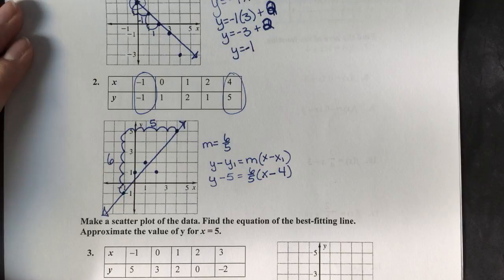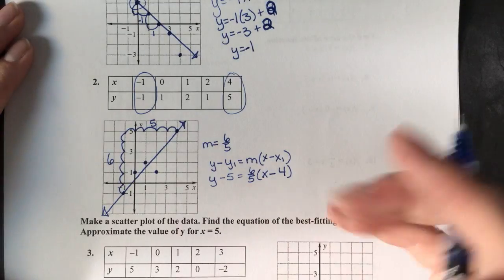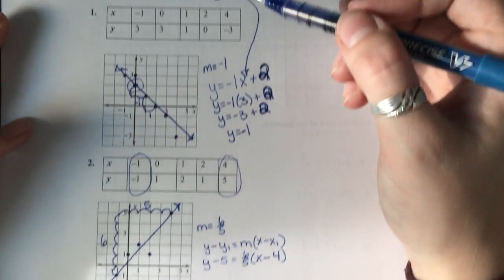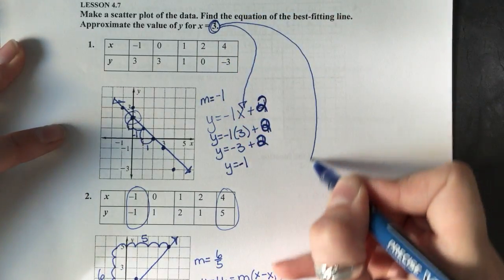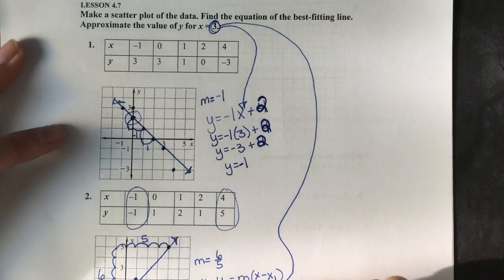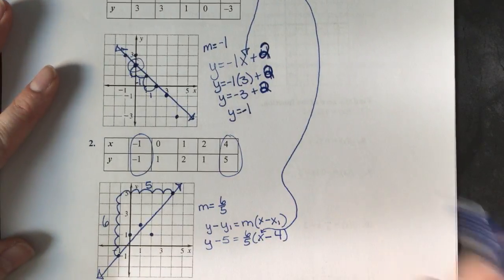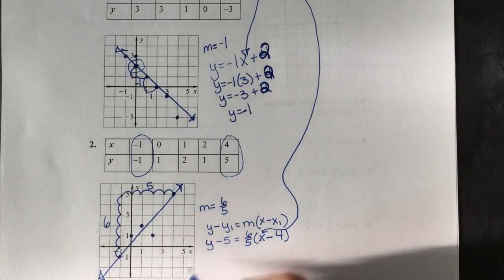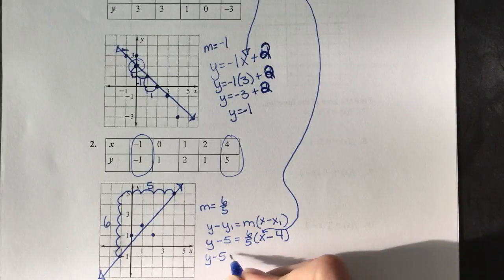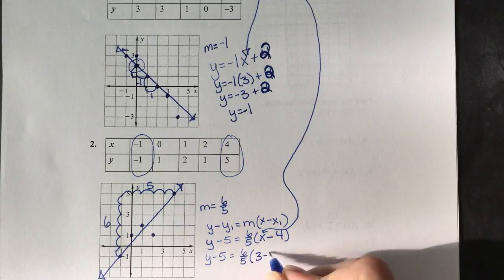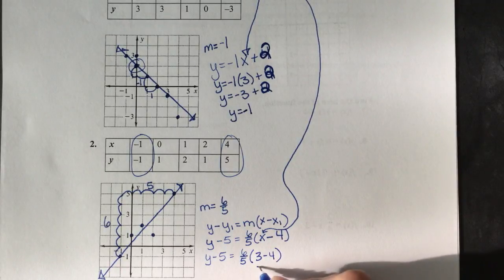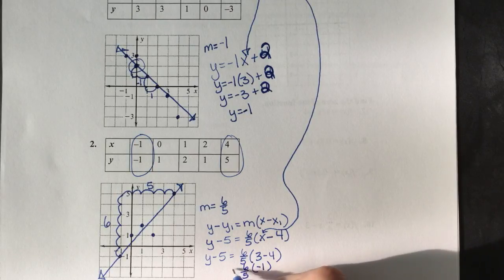Okay, now using this information to find the value for y when x is 3, plugging 3 in for x. y minus 5 equals 6/5 times 3 minus 4. 3 minus 4 is -1 times 6/5. y minus 5.